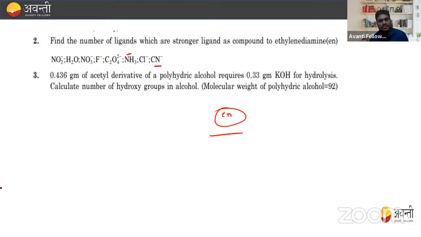So only these three, two, CN, NH3. No, no, no, ammonia is weaker than this. So CN and NO2. So only these two are stronger than this, right? So this is the correct one.